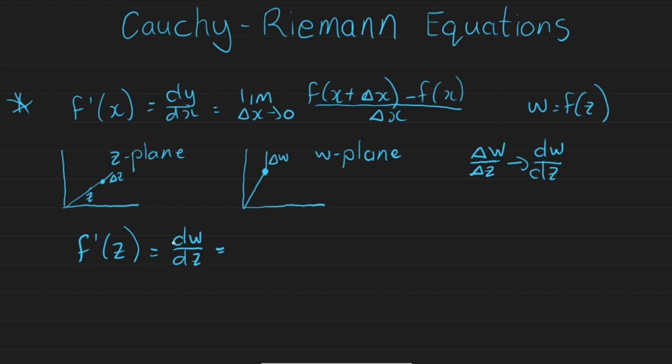So dw/dz is equal to the limit as delta z approaches 0 of f of z plus delta z, minus f of z, divided by delta z. So this is the derivative of a complex function.